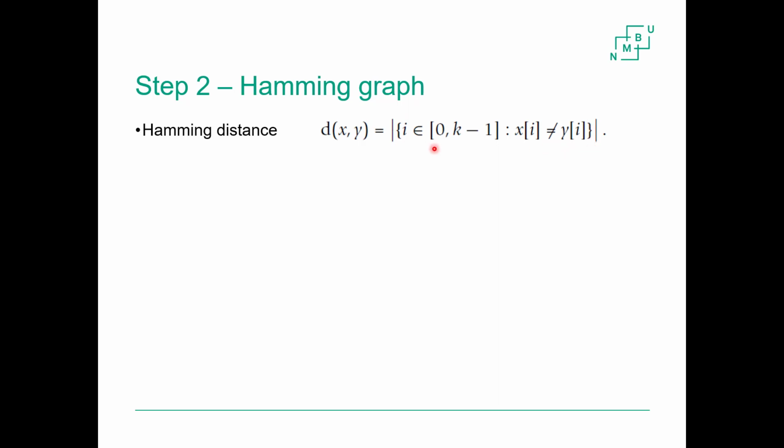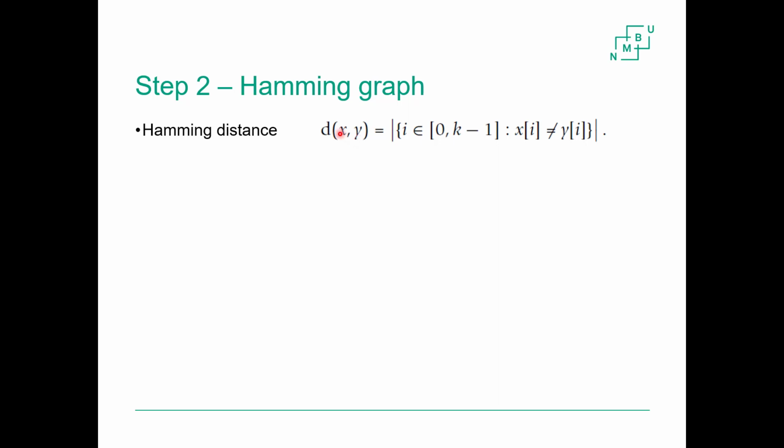And then you have these vertical bars on the outside, the absolute value, which is the cardinality of a set. So it's actually the number of positions. That's what it means. So a Hamming distance between two k-mers is simply how many positions they differ in. Count them. So the Hamming distance is always an integer.